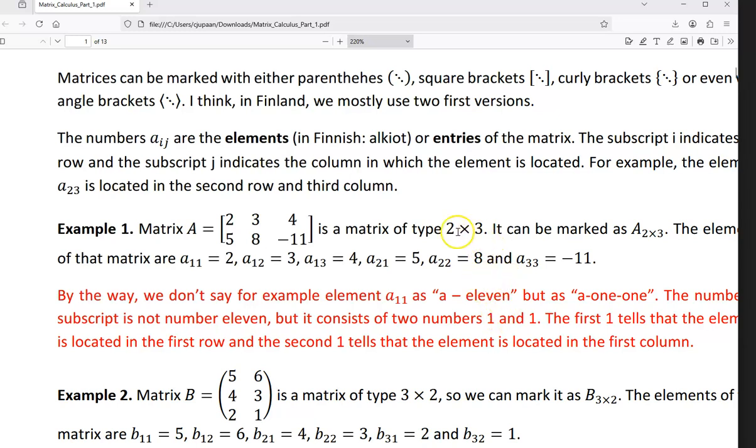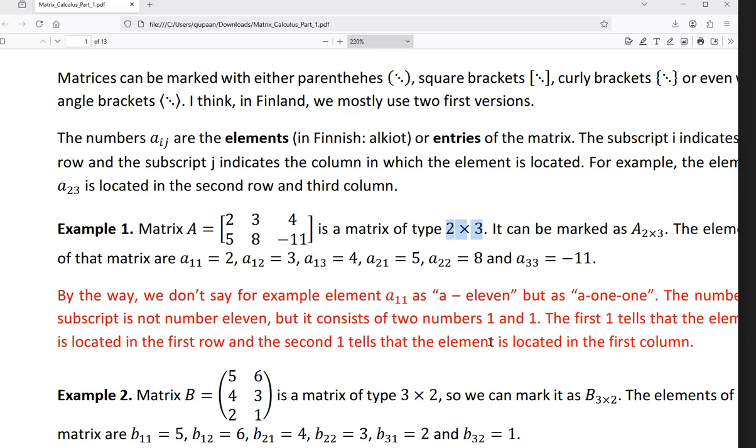This dimension or the type of those matrices is quite important because these matrix calculation rules many times depend on what the types of the matrices are. For example, you can't add two matrices if they are of different type.